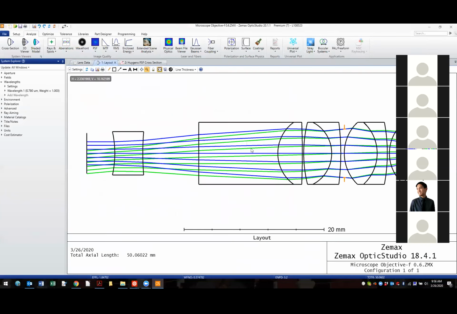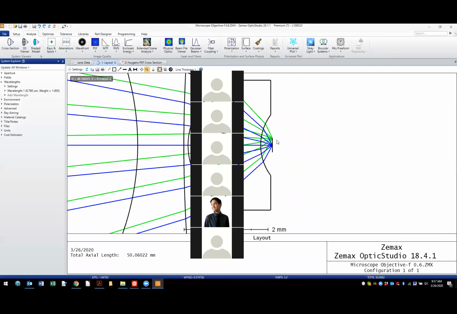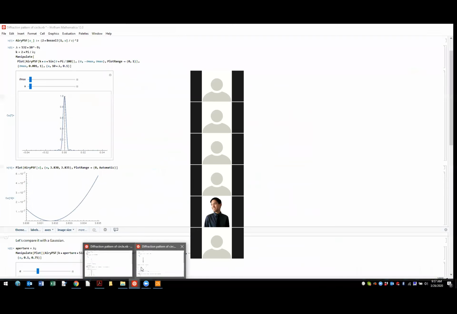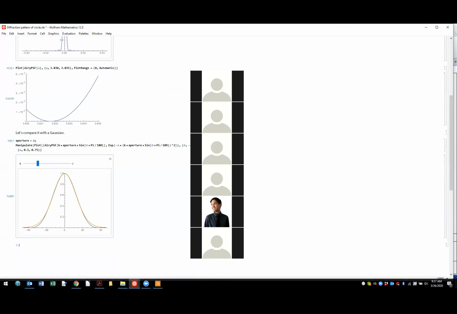And let's try to figure out our numerical aperture. I'm going to save some data over here. So now, lambda equals 0.78.